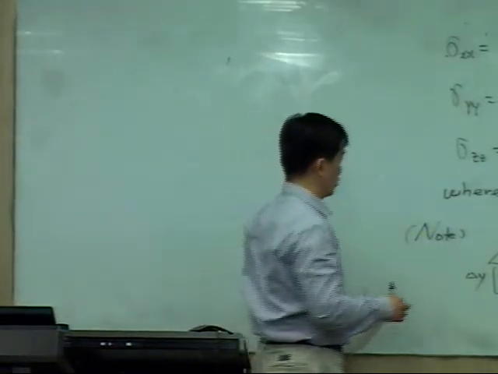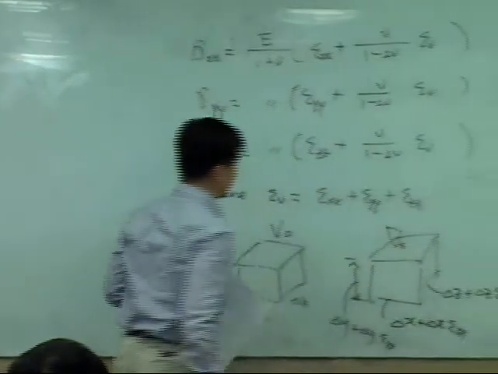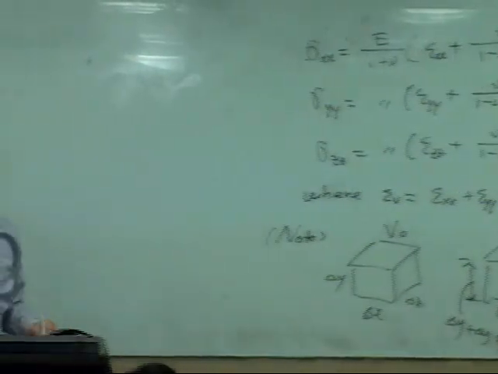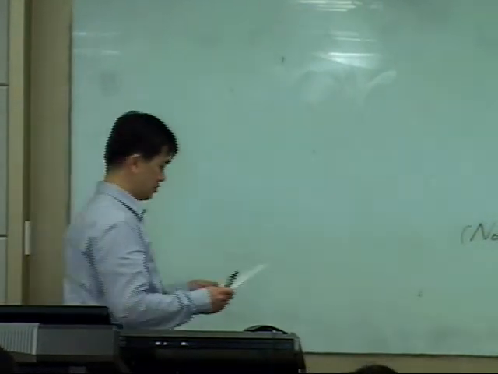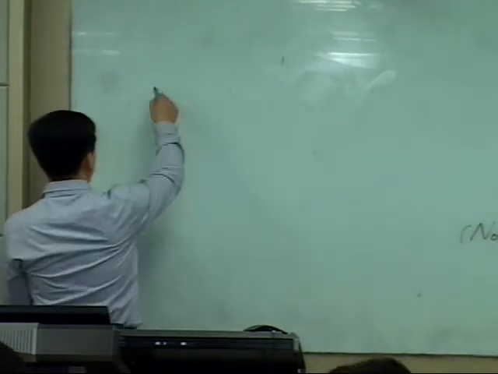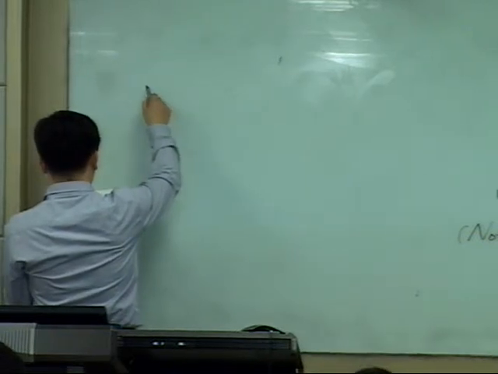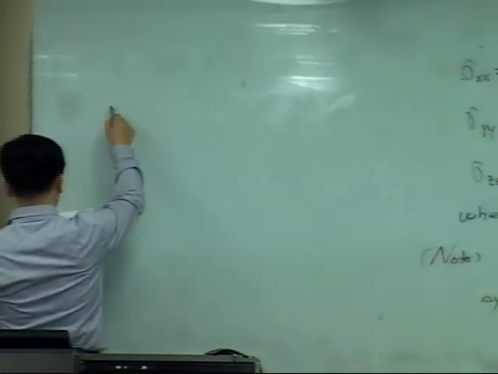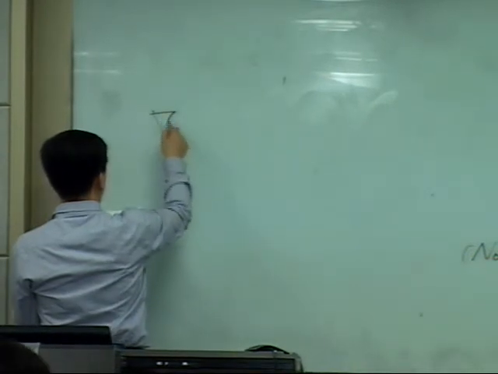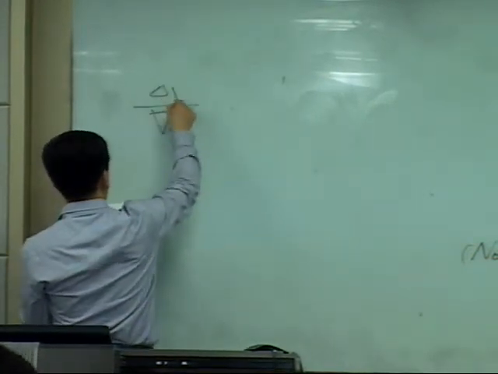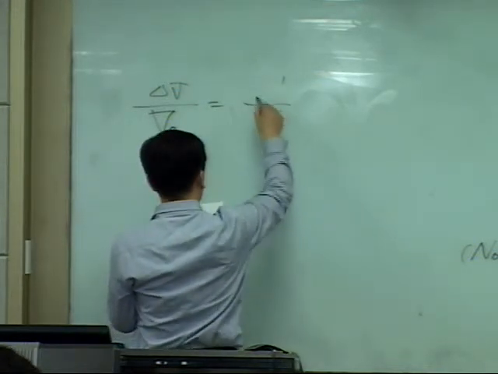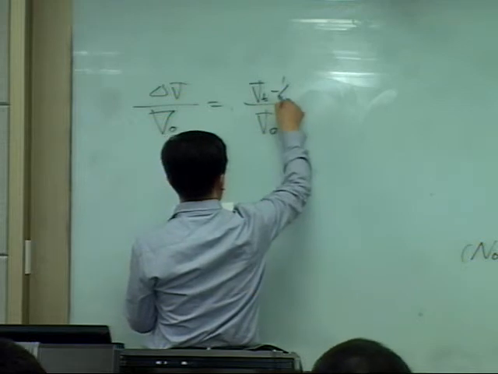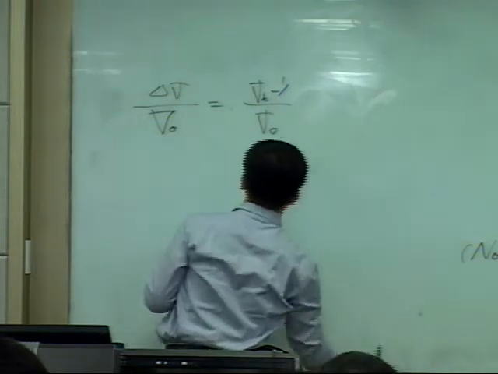Let's say the original volume is V0 and the changed volume is Vt. You can calculate the original volume and the changed volume very easily, right? So if I calculate the change in the volume, delta V equals Vt minus V0.